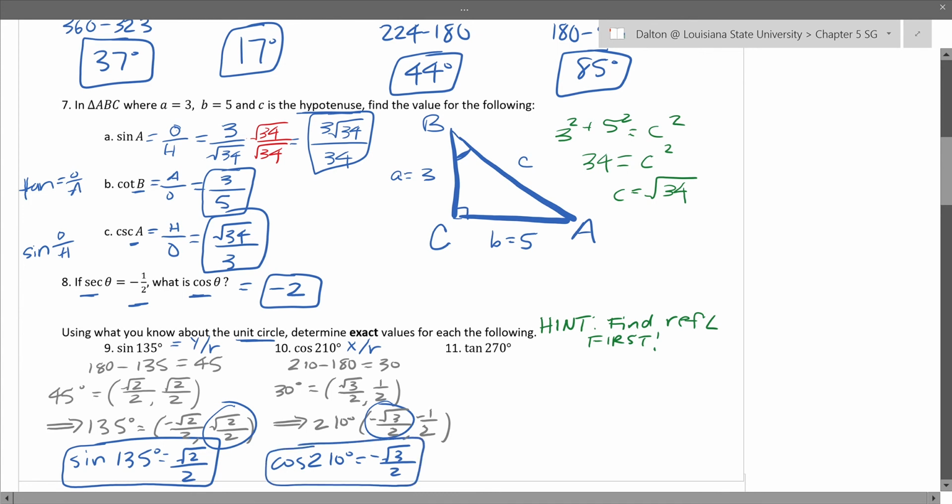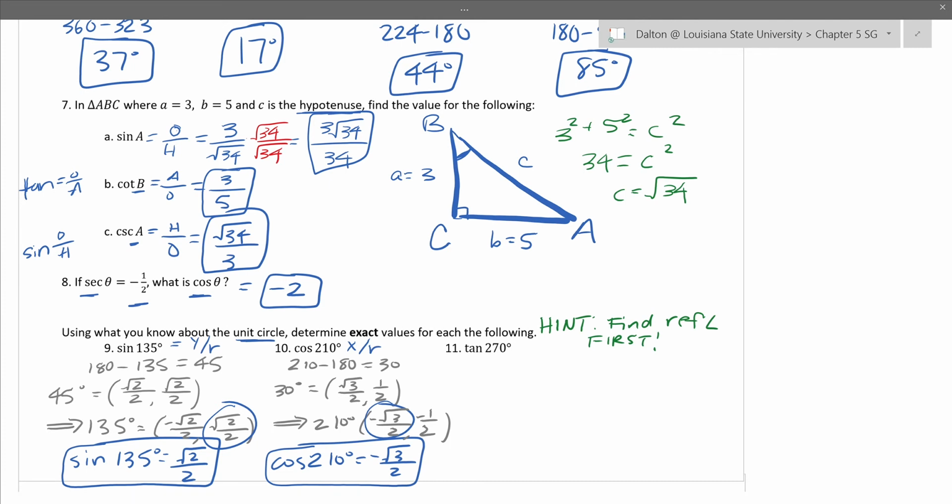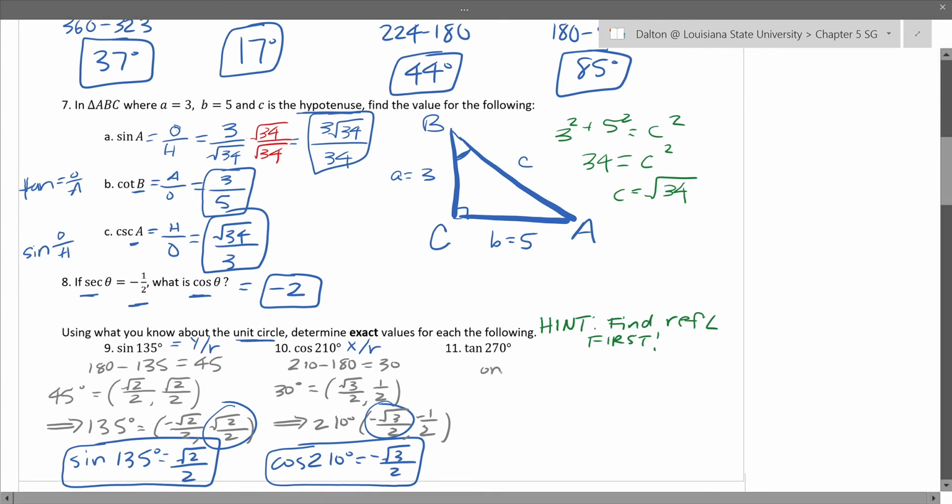Lastly, the tangent of 270 degrees. Now, the issue with 270 degrees is that it is literally on the y-axis, right? It is here. So that coordinate point is 0, negative 1.